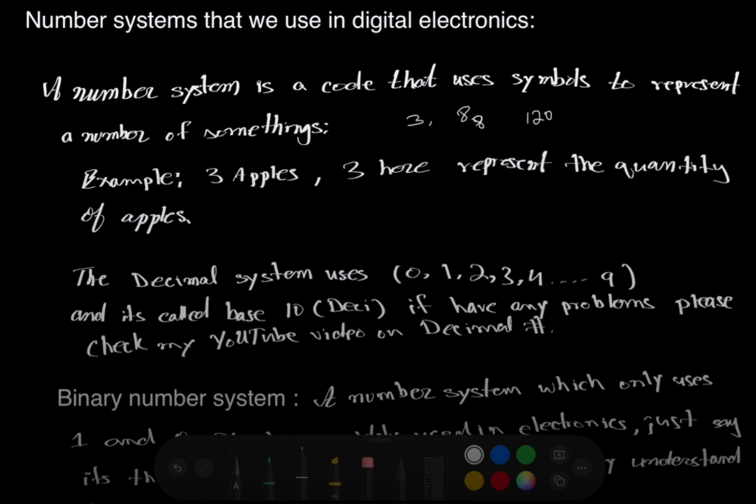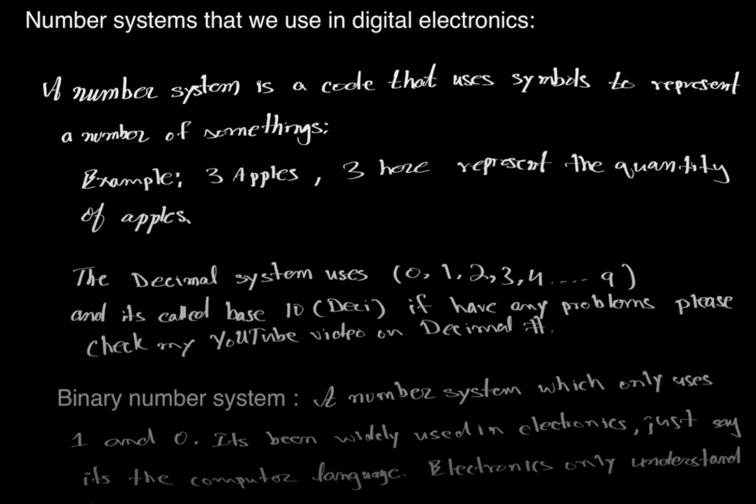Anything like that will be a number system. So a number system is a code that we use. A number system is a code that uses symbols, such as any symbol that you think of as numbers, to represent a number or something that you think of.